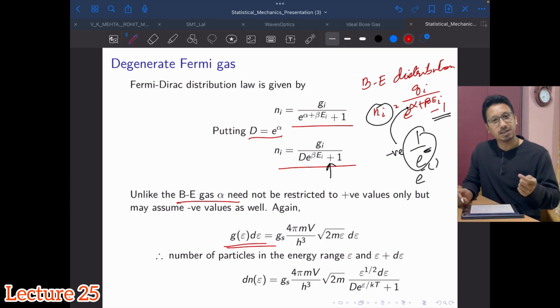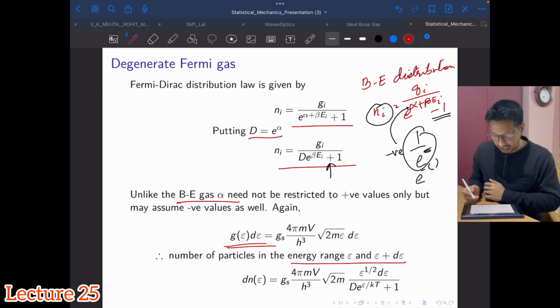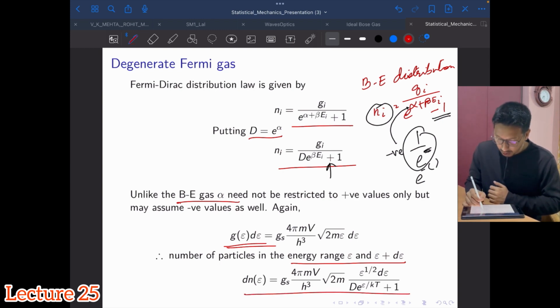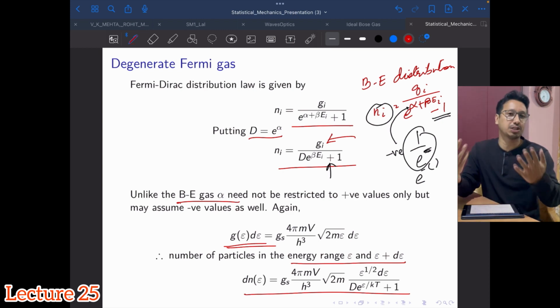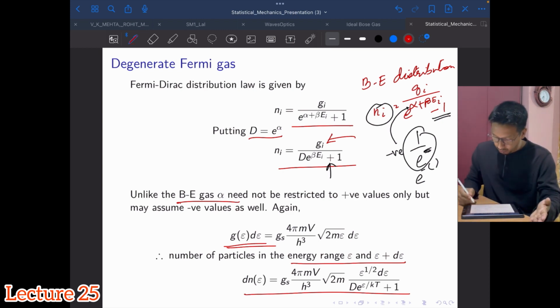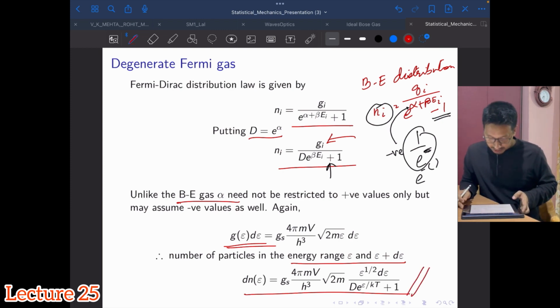The number of particles lying in the energy range E and E plus dE is given by this. Simply substitute for G of E in this, so all these discrete values of Gi and Ei are replaced by continuous values. We have got this in the earlier lecture as well.